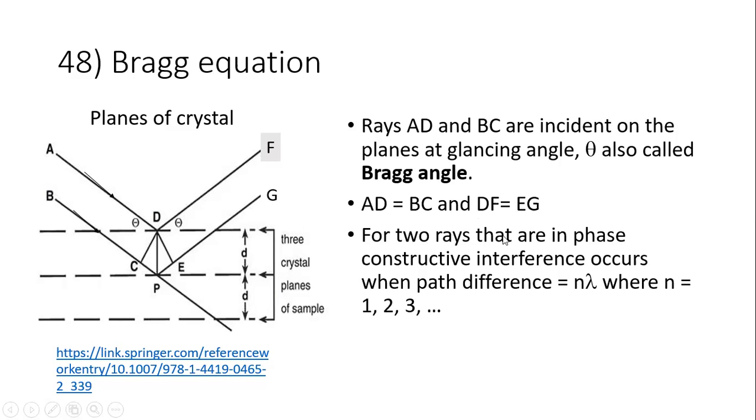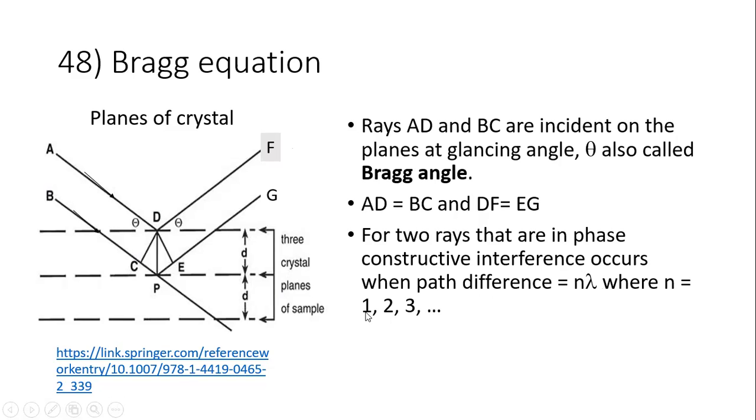For the two rays that are in phase, AD and BC are in phase. We want constructive interference, right? That ray there, BC, has to travel that extra distance. So if you want constructive interference to occur between F and G, then it must have a whole wavelength.